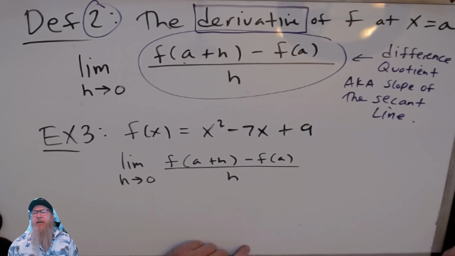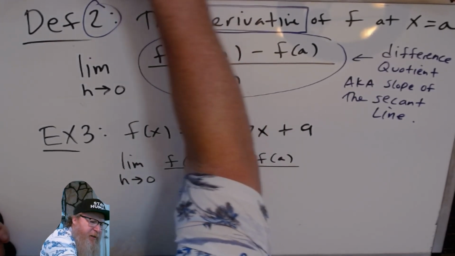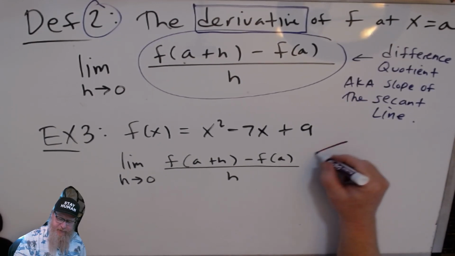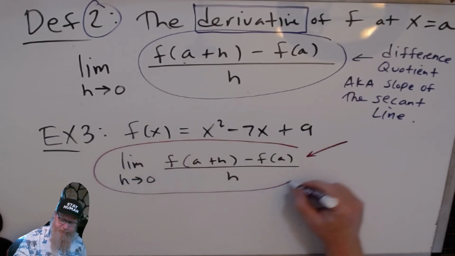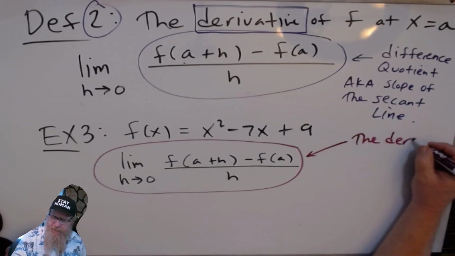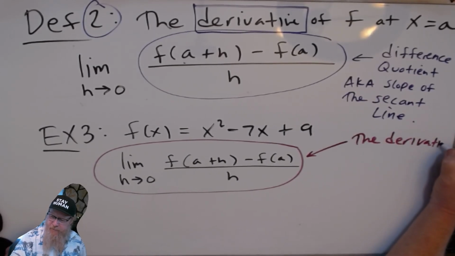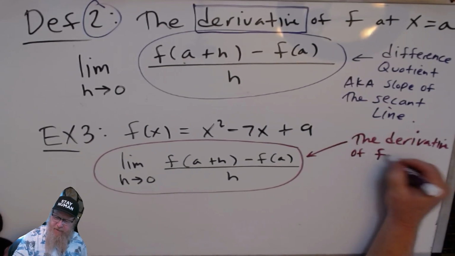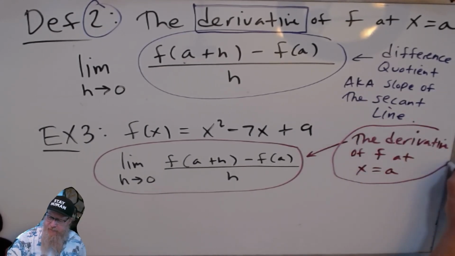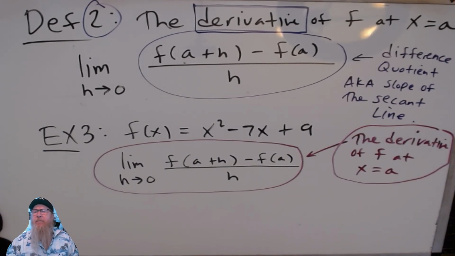Probably going to have to evict some of this writing in a minute. So again, I really like to emphasize what this is. This is the derivative of f at a.